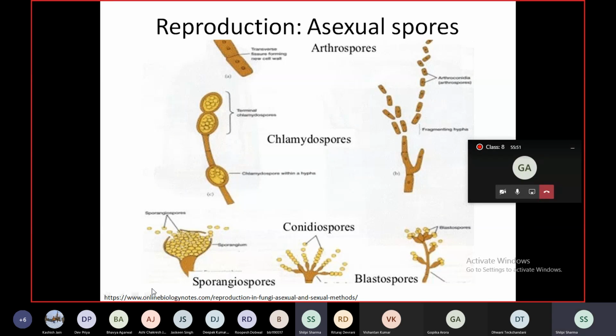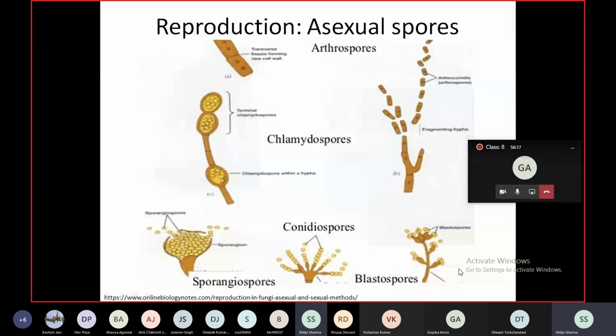The spores may be released either outside the body or they are produced within special sacs called as sporangium. Sporangiospores, for example, are formed in this sac called sporangium. Now there are others, for example, the blastospores, और मैंने कहा कि इसमें spores की बहुत diversity है fungi में, classification ही based on type of spores पे.